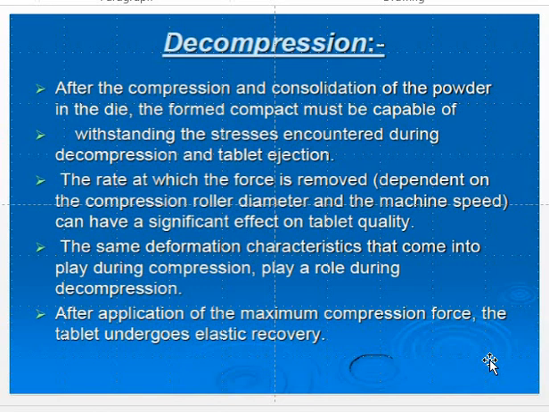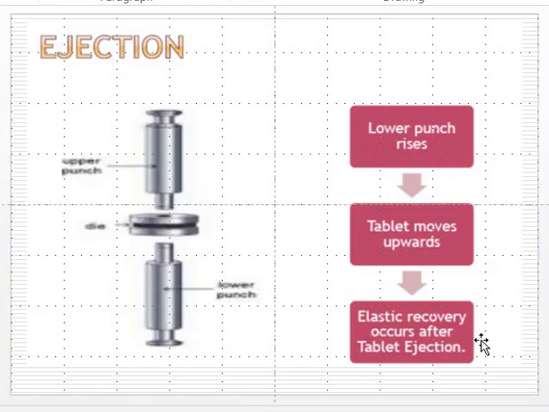After application of the maximum compression force, the tablet undergoes elastic recovery. I have already told you that deformation may be of two types, plastic or elastic. If you remove the pressure, the tablet may have elastic deformation or plastic deformation, depending on the property of the particle or material. Decompression is simply removing the pressure.